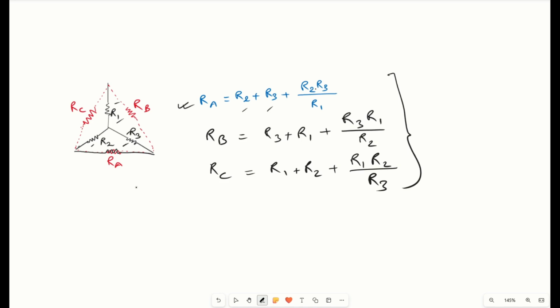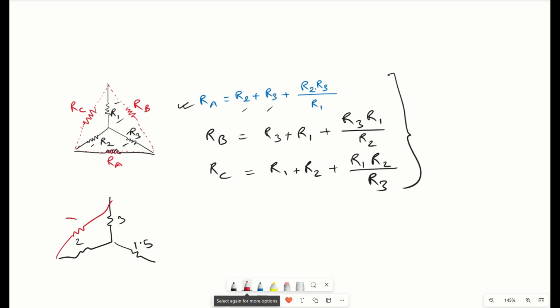So for example, suppose we are considering conversion of this circuit, suppose this is 1.5, so we are converting this star into a delta. So what will be the corresponding values? Without remembering anything, you can directly write it down. Suppose this is your x, so x equals 2 plus 3 plus 2 into 3 divided by 1.5.